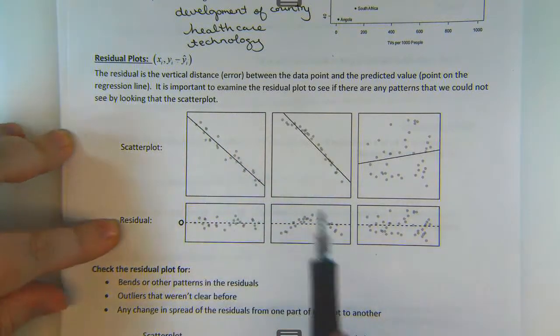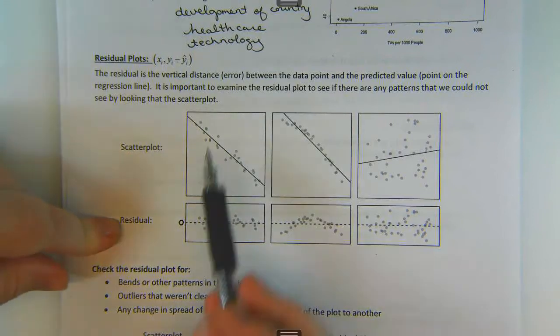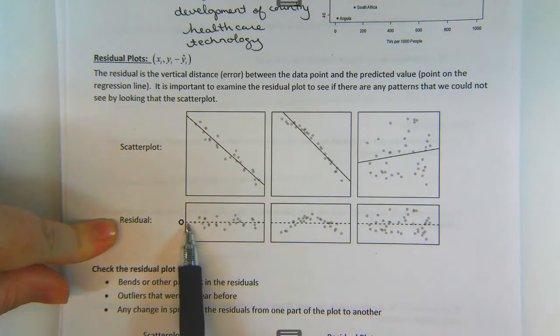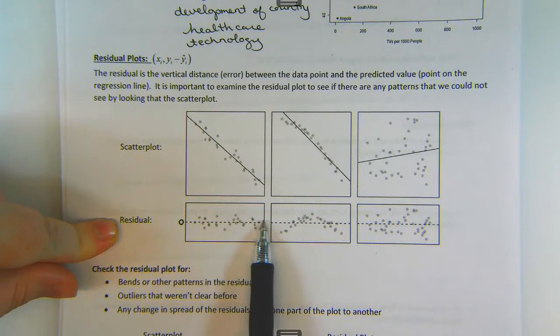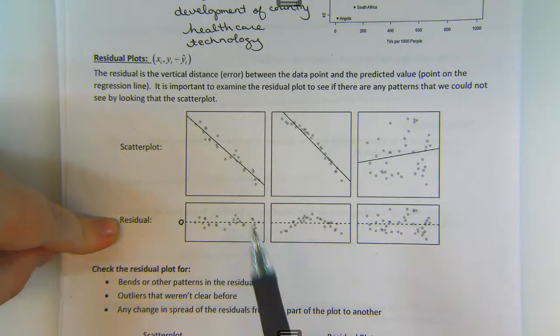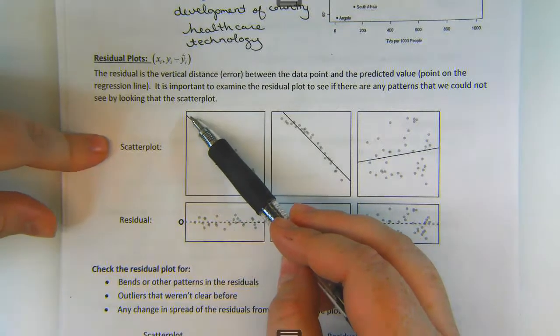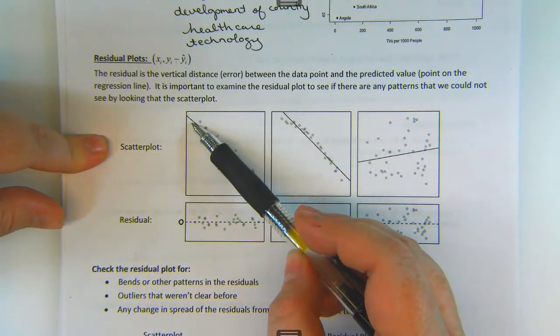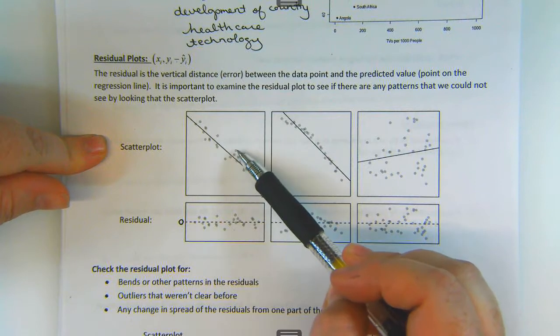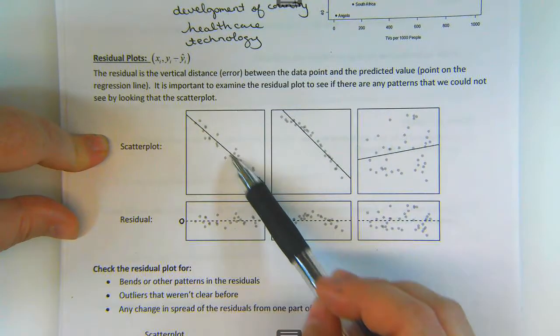In the case of this very nice linear plot, we end up with this nice scatter here. And in the original scatter plot, what we want is most of the points close by the line. Maybe a few get away from it, but mostly really close by.